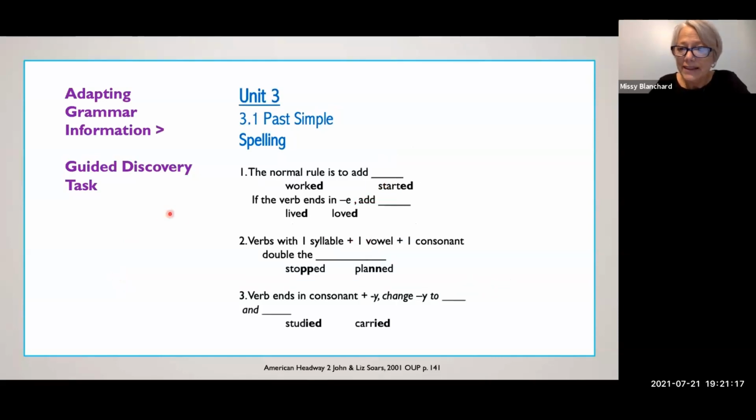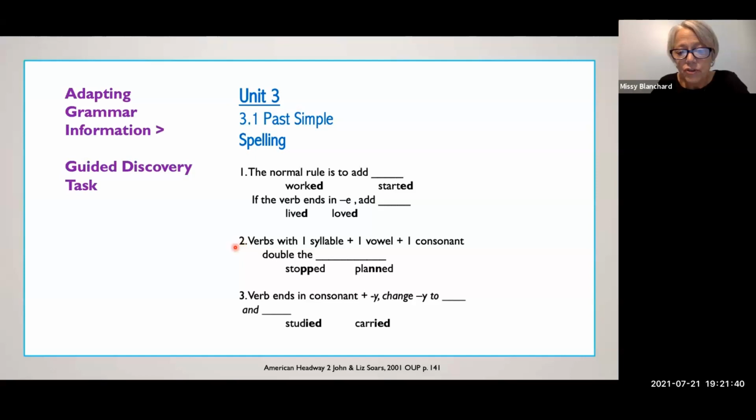So here's my adapted task. These are the exact rules from the grammar box in the course book, but I've just taken away that little piece of information, which should say add ED. The students will look at these two examples, worked and started, and they can discern what goes in that box.